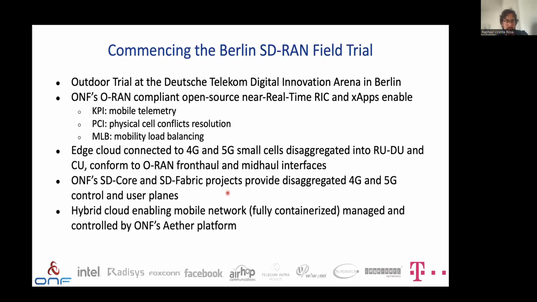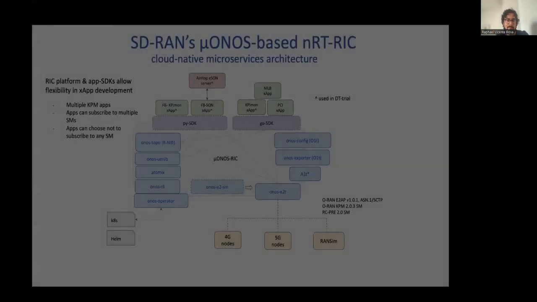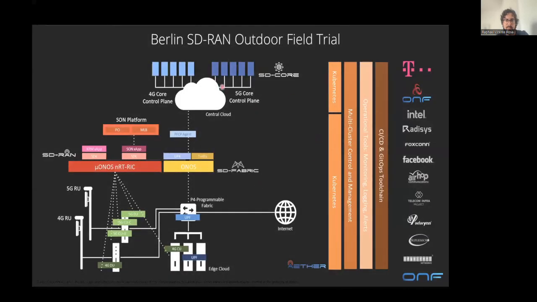This setup was actually a real setup, end-to-end, where not only the SD-RAN components were defined in a cloud edge environment, but as well in a central cloud or a hyperscaler cloud. The version of SD-RAN that we had here was release 1.2, as it was previously mentioned.